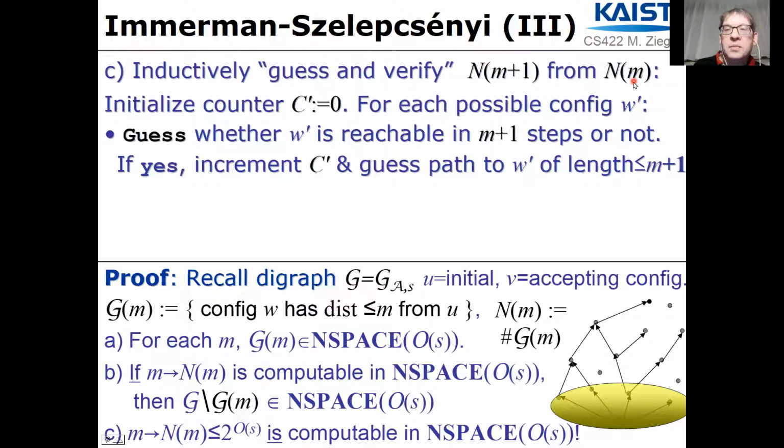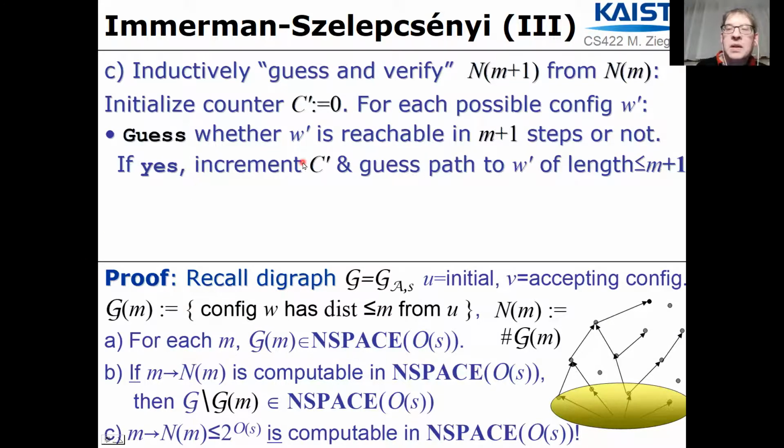And again, let me emphasize, in this inductive process we're not going to store n of 0, n of 1, n of 2, and so on. We're only going to store the current n of m and the next value. And in the next iteration, we're going to forget the previous one and move on, like our efficient calculation of the Fibonacci sequence, if you remember that.